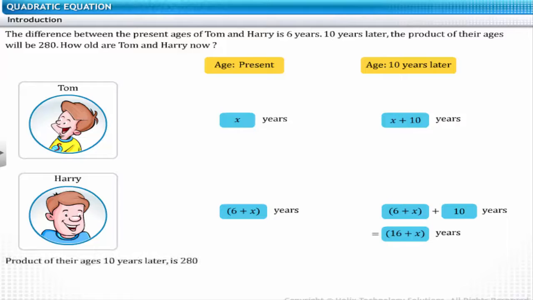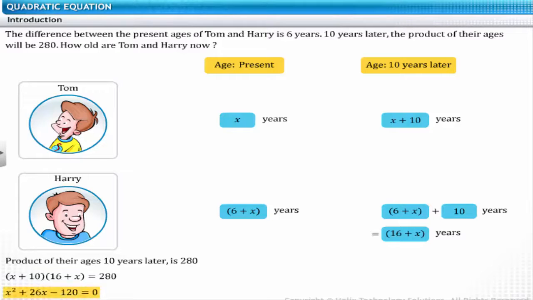Additionally, it is given that the product of their ages will be equal to 280. Thus, x plus 10 times 16 plus x is equal to 280. On solving the equation, you get x squared plus 26x minus 120 equal to 0.